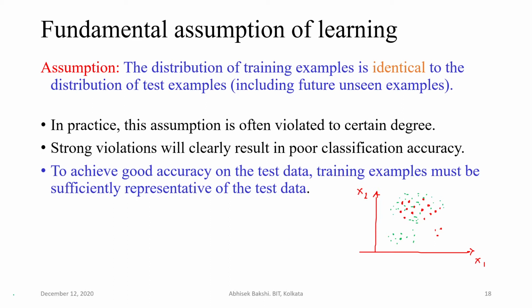Suppose for the testing data we have considered the points presented somewhere here, okay. So naturally we can see that to distinguish this data from this data, some line will be there, obviously.